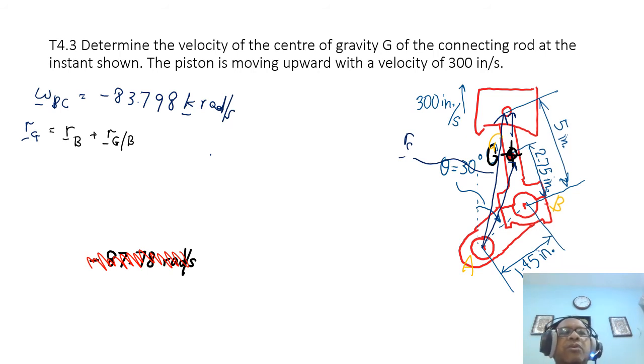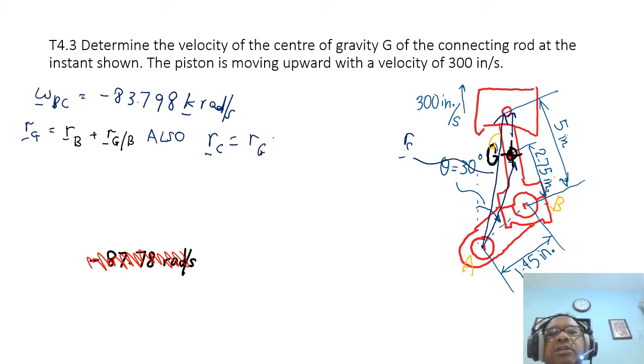So I can say that position vector C equals position vector G relative to A plus position vector C relative to G. Sorry, I rewrite again.